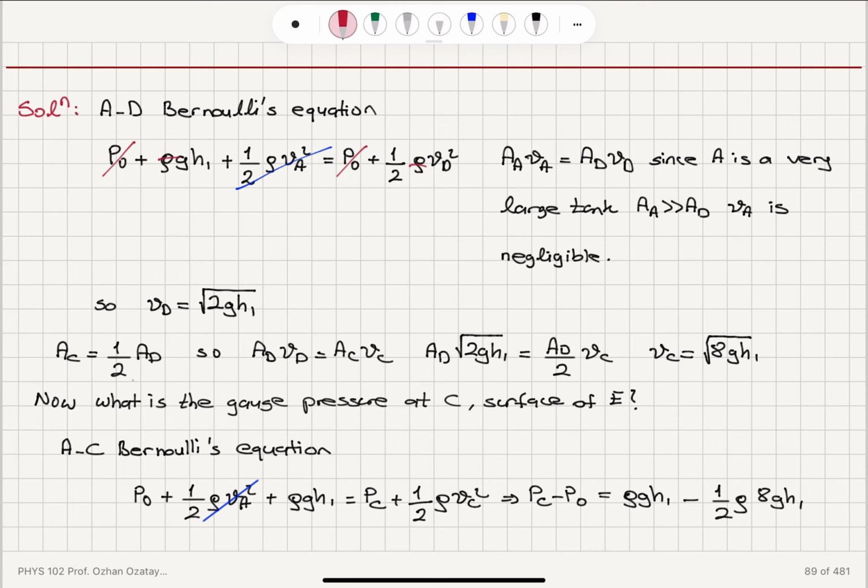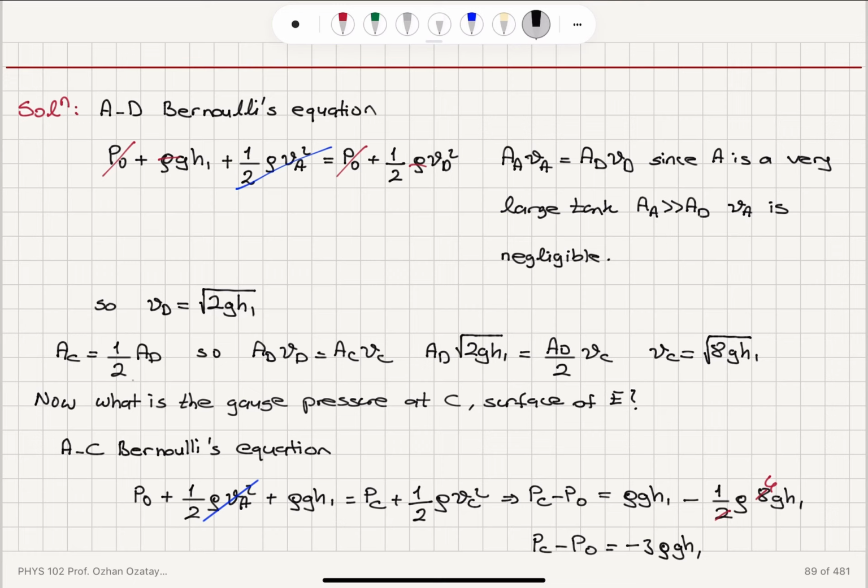So I obtain the gauge pressure PC minus P0 to be minus 3 rho GH1. Remember, it's the same liquid in all the tanks.